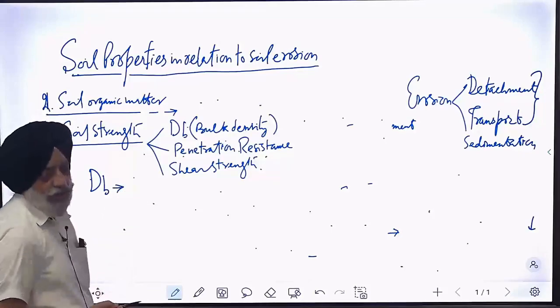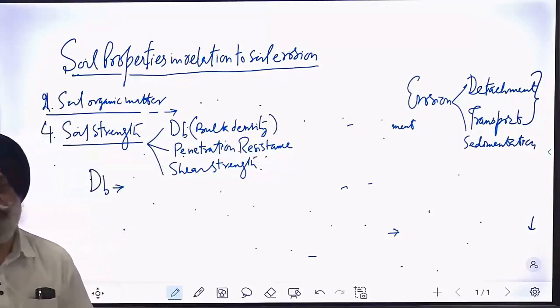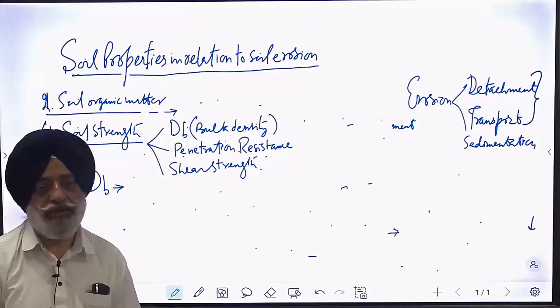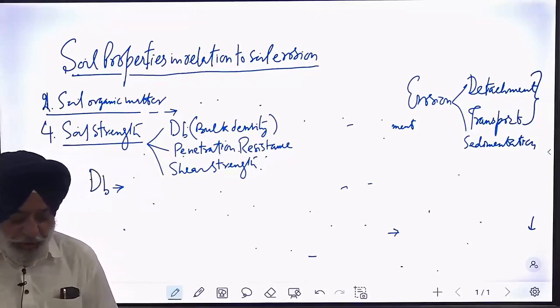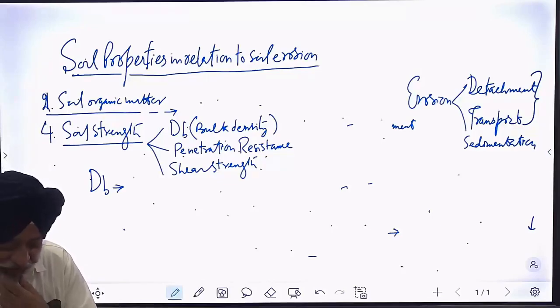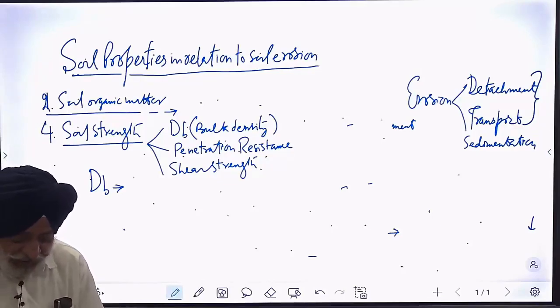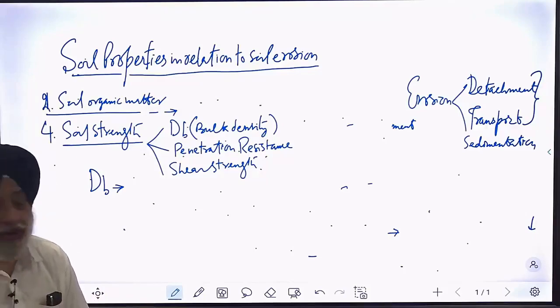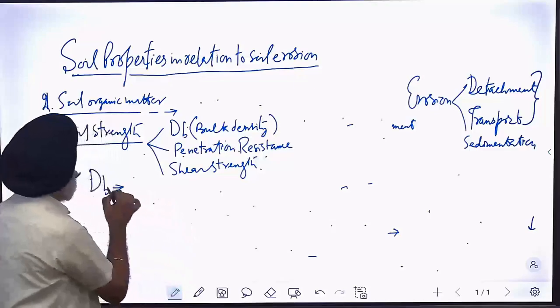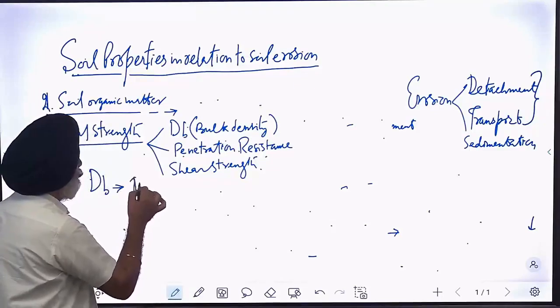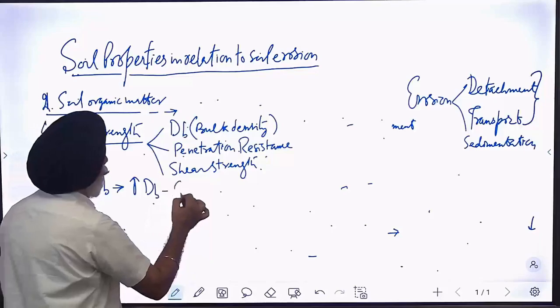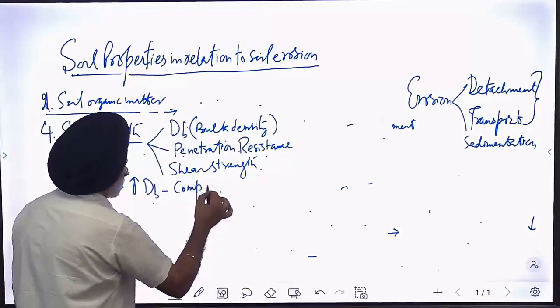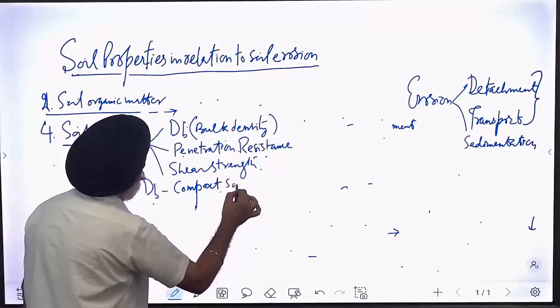Bulk density is the mass per unit volume of dry soil solids. So, the higher the bulk density, the more tightly packed the soil is, and the total porosity depends upon that. Higher bulk density means compact soil. What will be the effect of compact soil then?